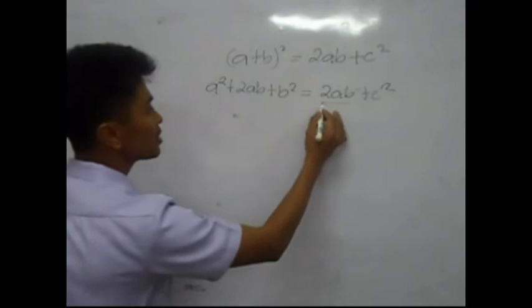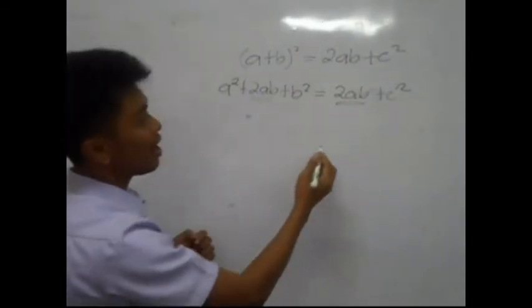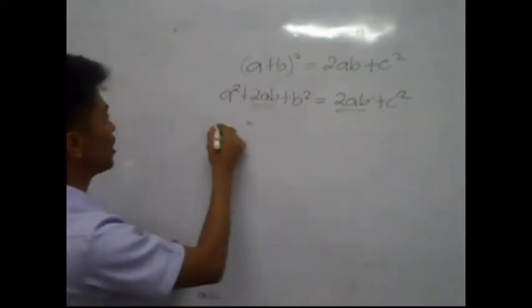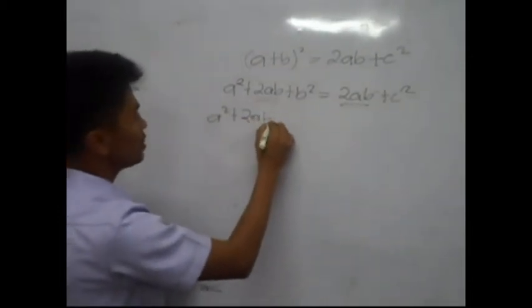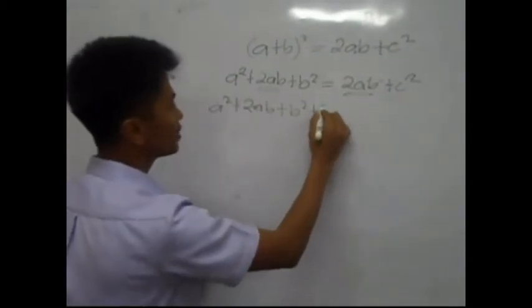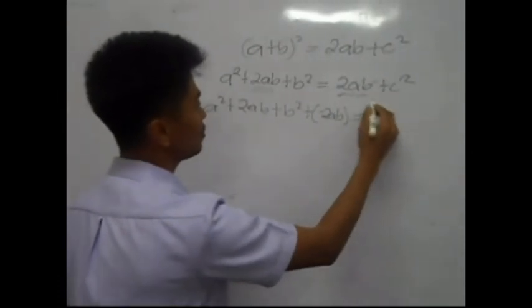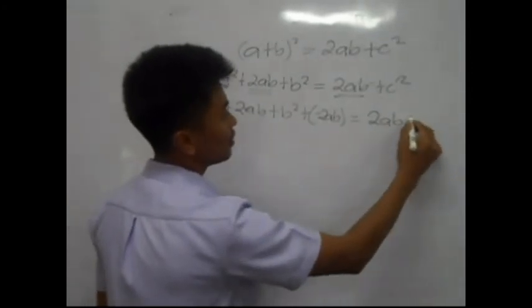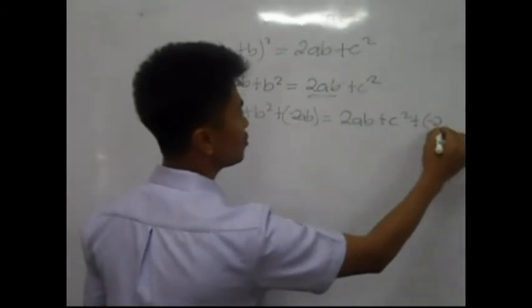To eliminate the 2ab, let's use the addition property of equality. So a squared plus 2ab plus b squared plus the negative 2ab is equal to 2ab plus c squared plus the negative 2ab.